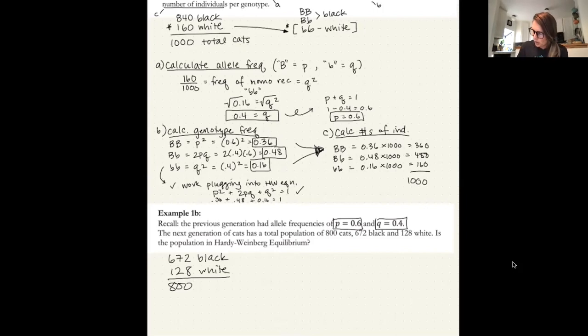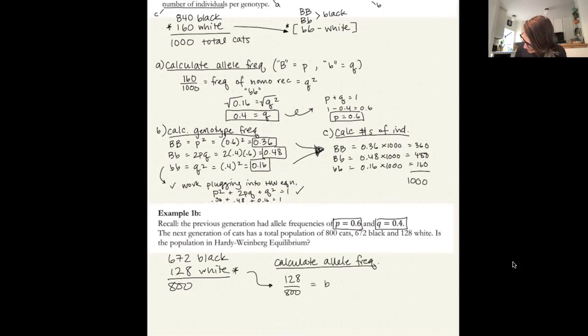So the first thing we want to do here is then calculate allele frequencies again. All right. So when we're calculating allele frequencies, we're going to do something very similar. We're going to take the white ones, which are our homozygous recessive, and put that over the total.